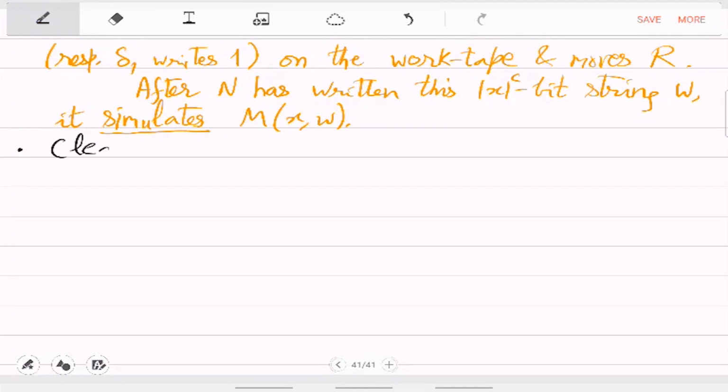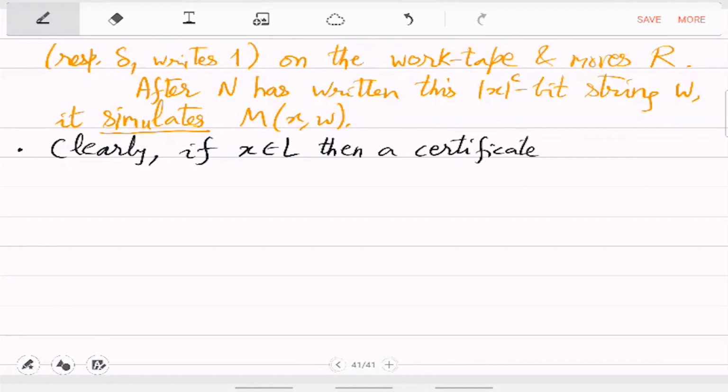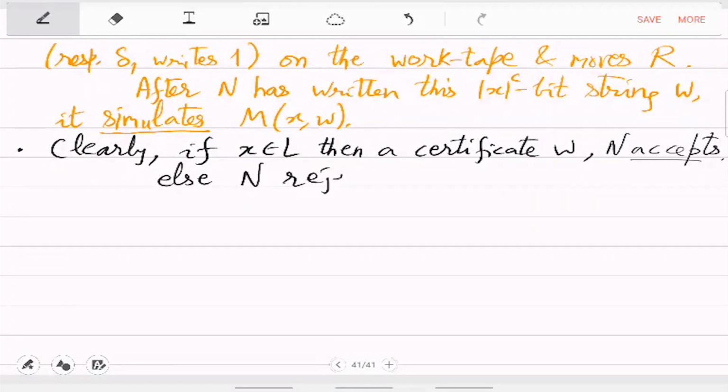So clearly, if x is in L, then at a certificate w, N will accept, otherwise N rejects for all w guessed, because there is no certificate.